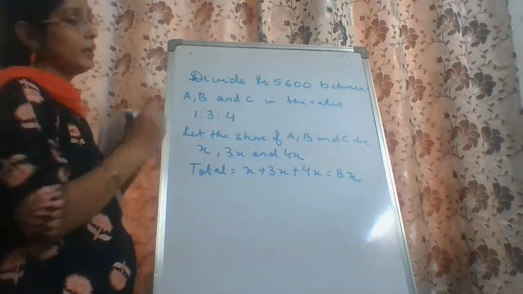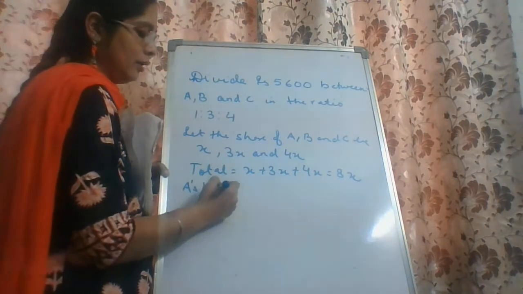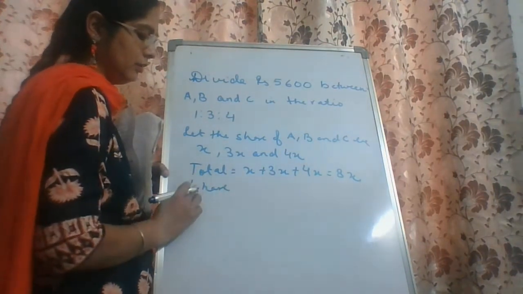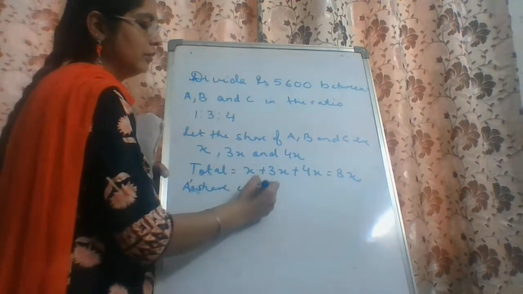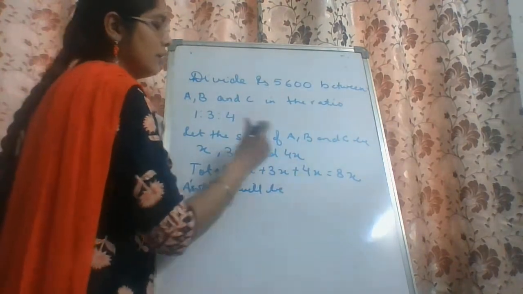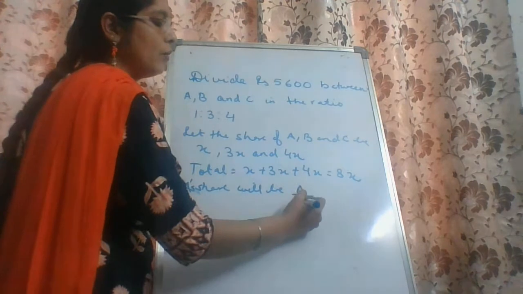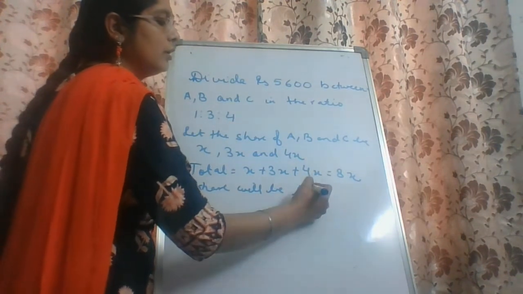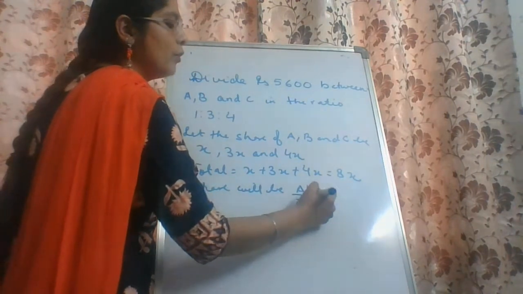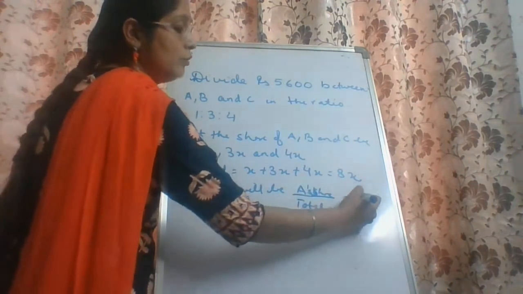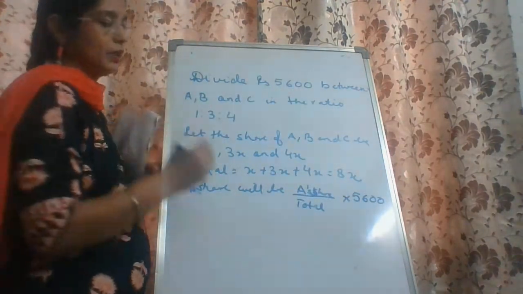Now see, we have to find the A share. What will be the A share? A's share will be A's share upon total multiplied to 5600, which is the total amount of money.